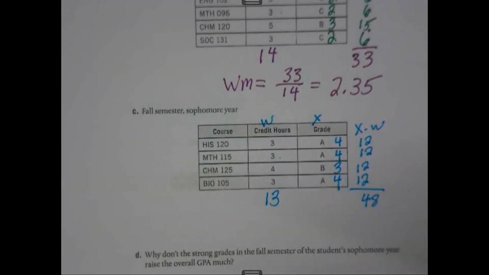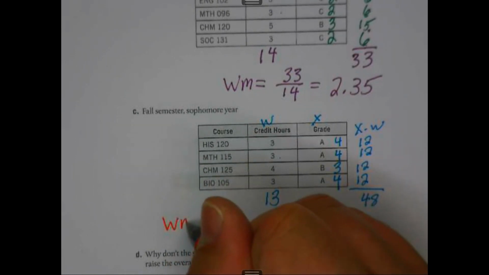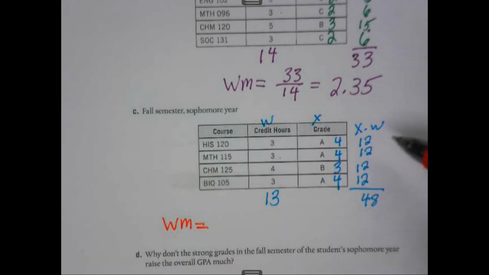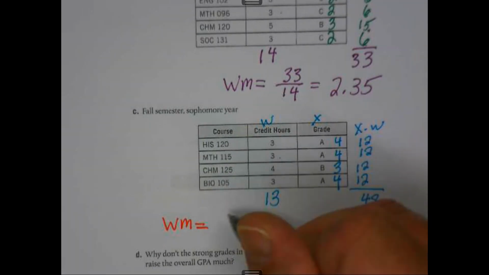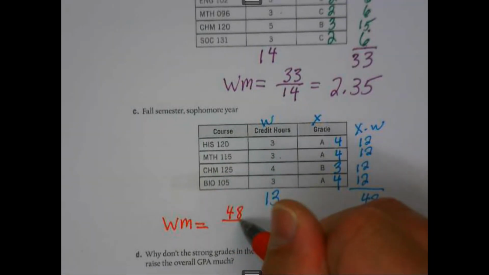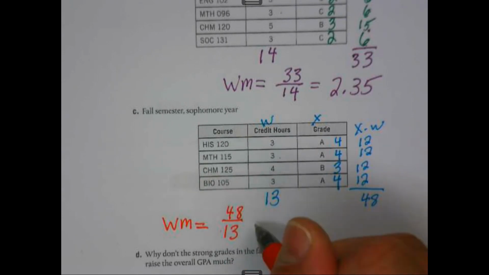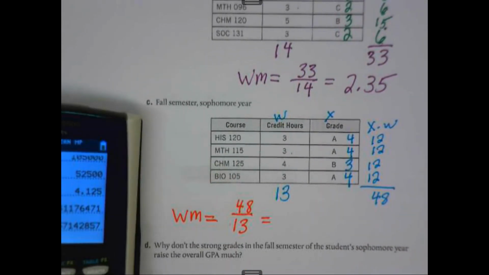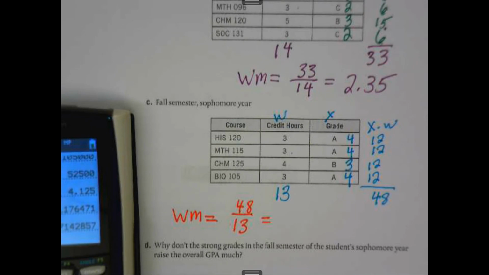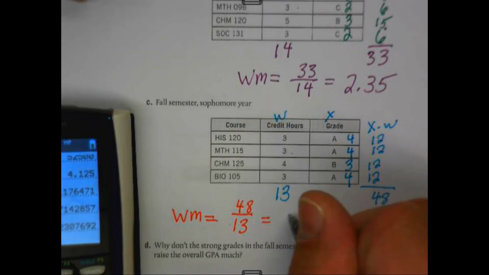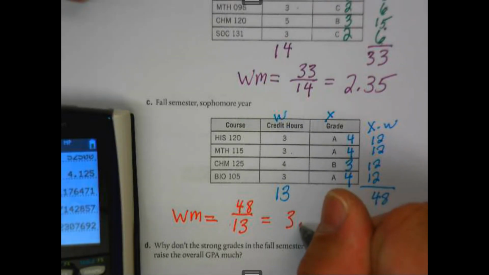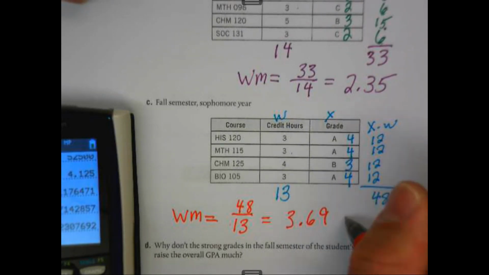So my weighted mean is the summation of X times W, which is 48, divided by the summation of the W, which is 13. 48 divided by 13. The GPA for this semester is 3.69.